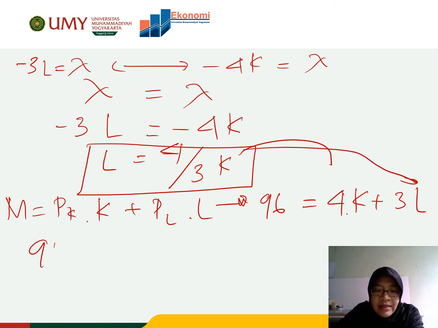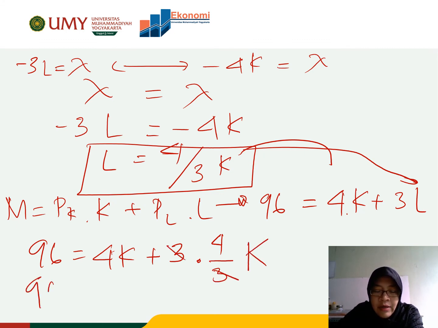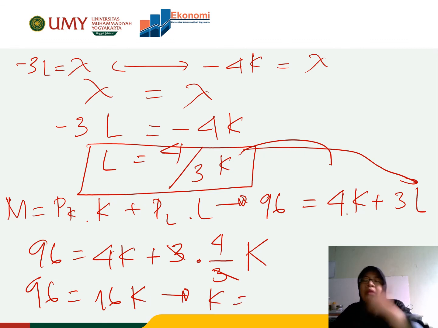Okay, now we put it in here. So 96 equals 4K plus 3 times 4/3 K. We find it now: 96 equals 16K. How much is K? Let me think.